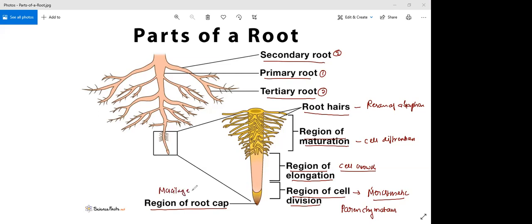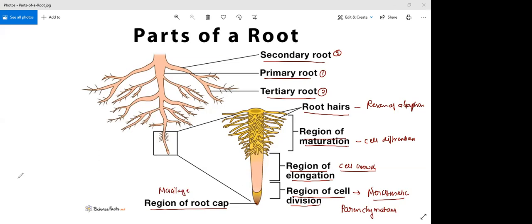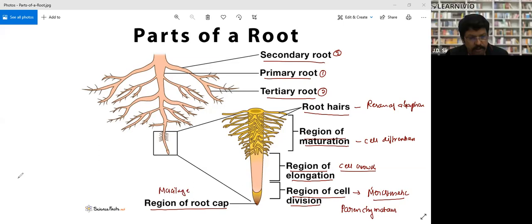Root cap is a parenchymatous multicellular structure. Full stop. It covers the meristematic cells. Full stop. Next point. Cells of root cap secrete mucilage.